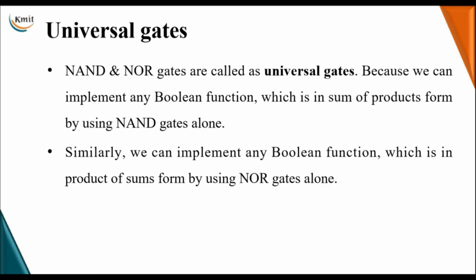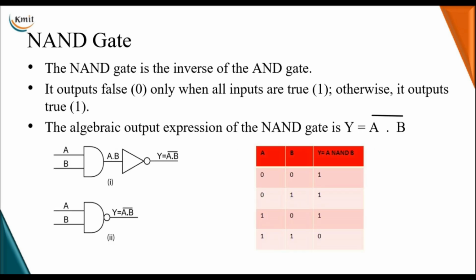Next, we have the second classification under logic gates, which is universal gates, where NAND and NOR gates come under your universal gates, since we can implement any Boolean function, which is in the form of sum of products or in the form of product of sums, using your NAND and NOR gates.